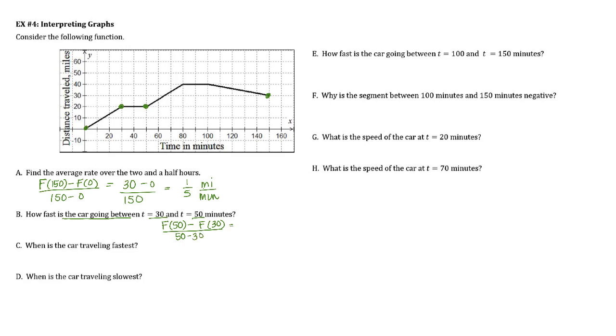And notice that f at 50 is going to be 20 minus 20, all over 20. Well, 20 minus 20 is 0, and 0 over 20 is going to give us 0. So notice here, what would be the slope of that line segment there? Well, it would be 0, wouldn't it? So that's kind of interesting to note.